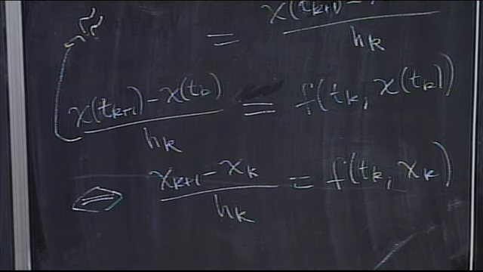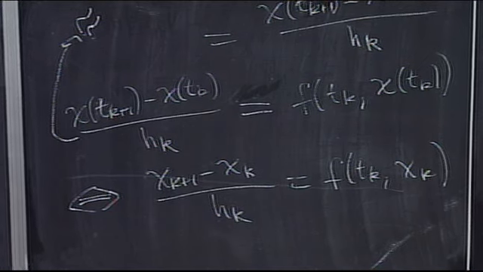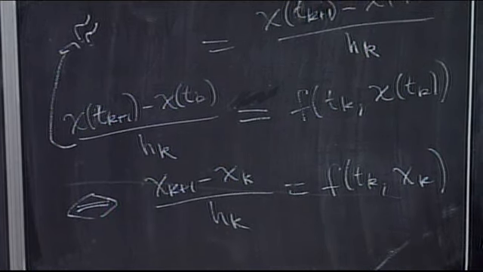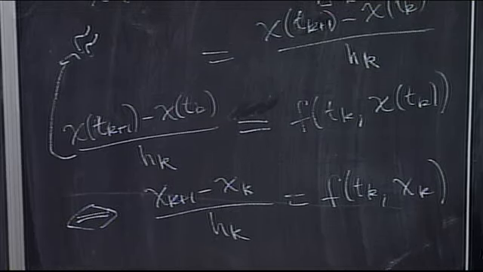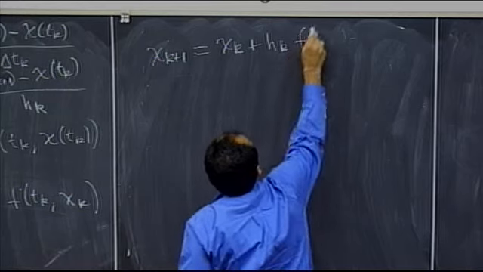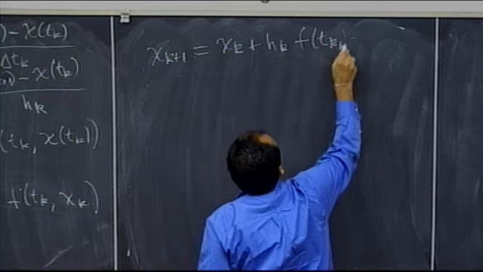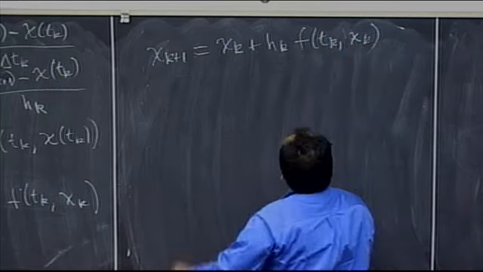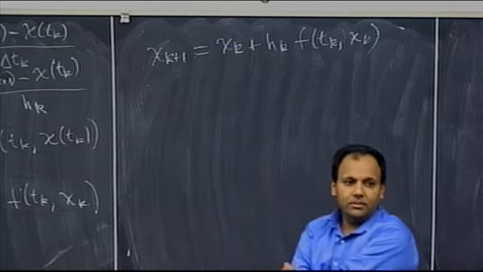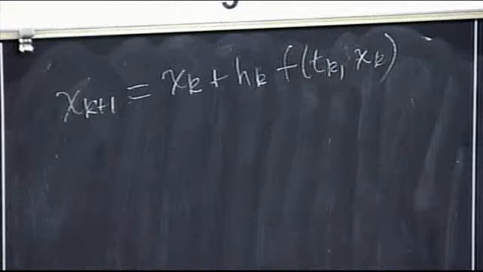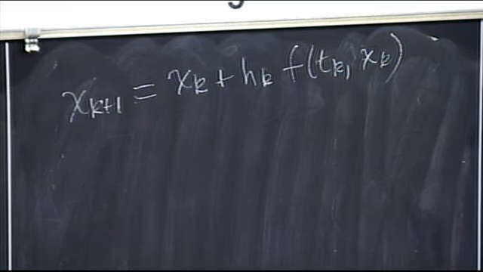Okay? Now that method, I can rearrange it, and I can write down that xk plus 1 is equal to xk plus hk times f of tk and xk, right? Now look what I've done. Essentially I've said that the derivative is going to be approximated by a secant, right?